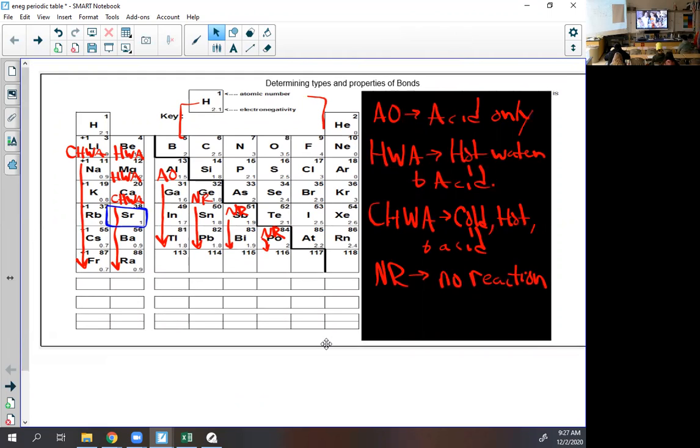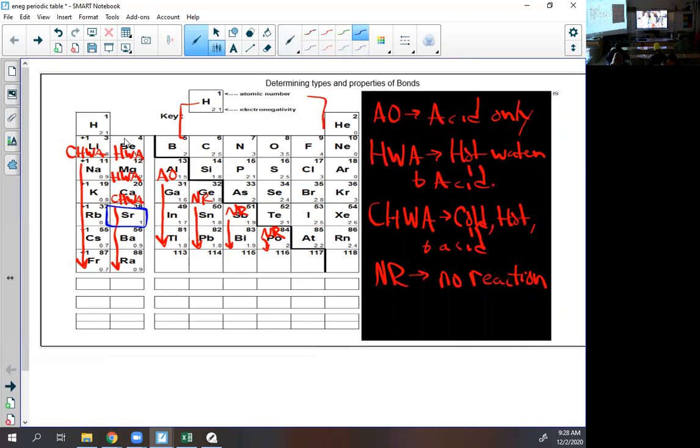Oh, well, lower left or higher right, or then you can use that one right there to find the symbols. Okay, so the first one, number 7, would BE be more or less reactive than BA? So we have BE right here, and then we have BA right there.